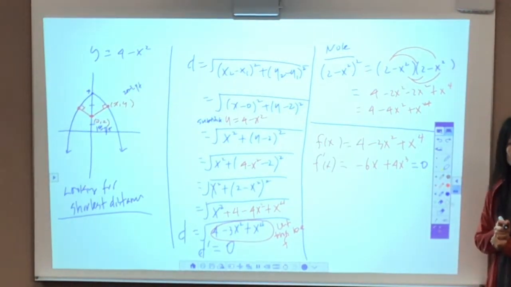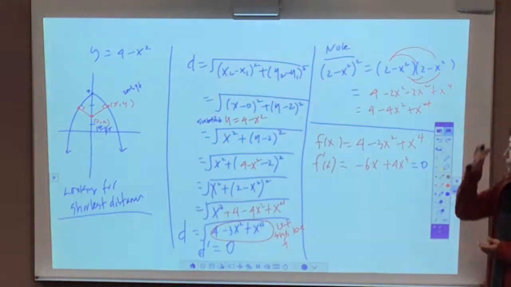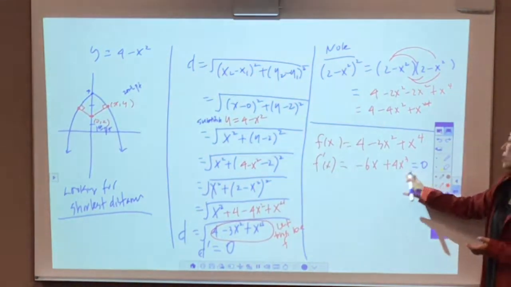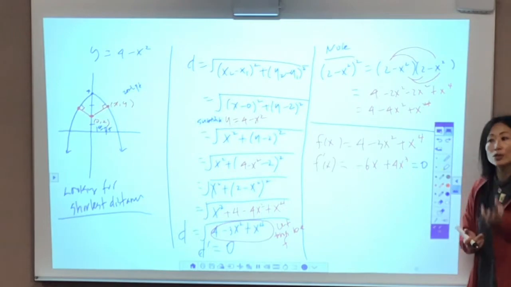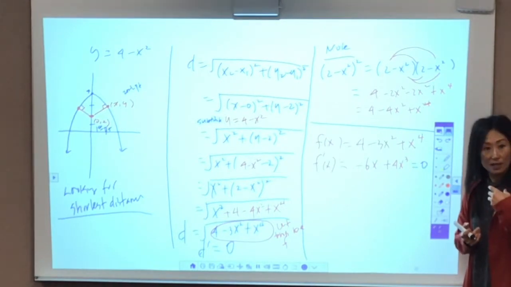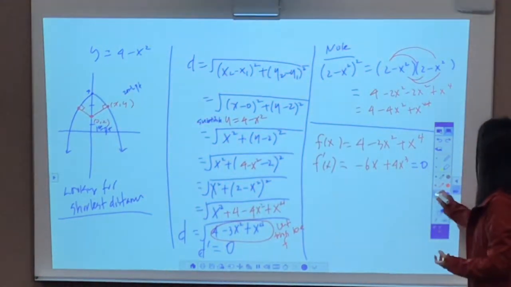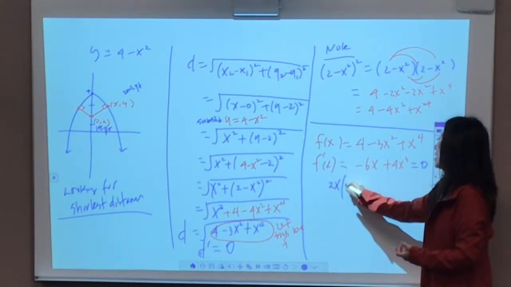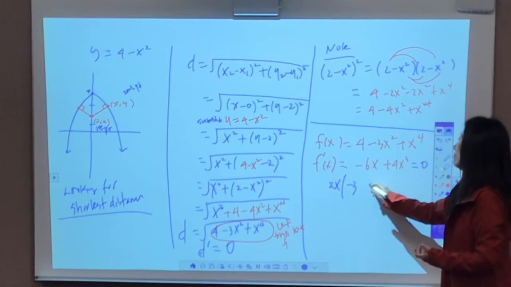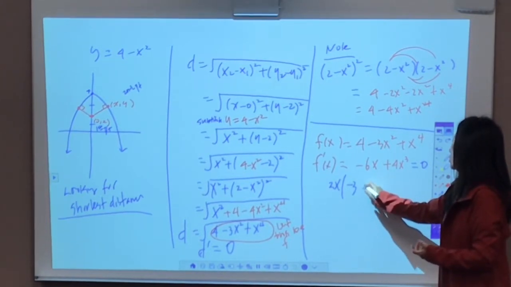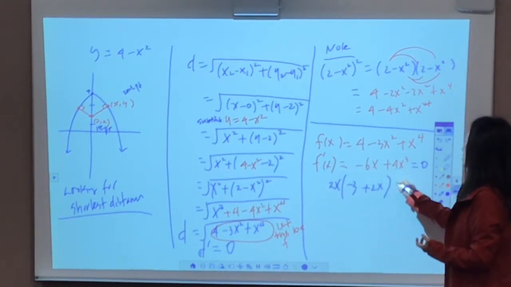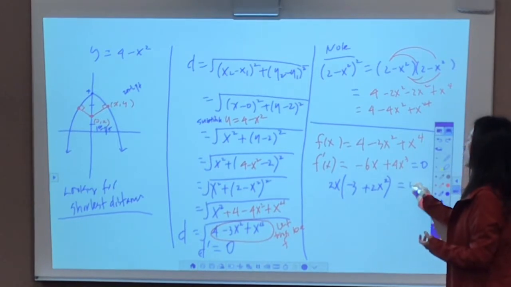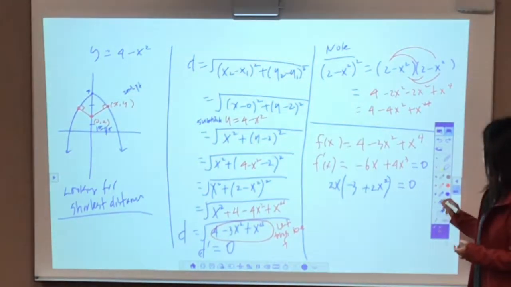Are you following me okay? So you're going to say, okay, what is my common factor? I'm going to say 2. My common factor is also what? X, yeah. So I have what? Negative 3, and I have what then? 2x squared, and you set them equal to 0.